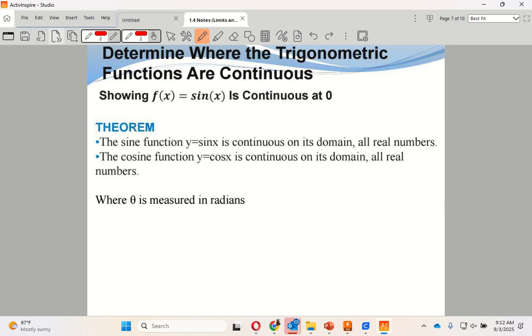So, showing f of x equals sine x continuous at 0, the sine function y equals sine x is continuous on its domain for all real numbers. Why is that going to be continuous? What do you know about sine? What does it look like?